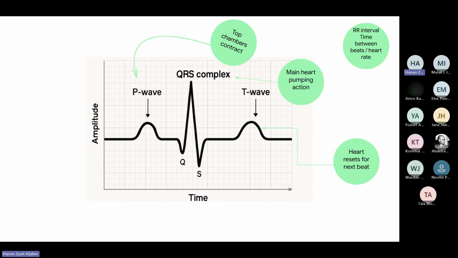Now this is a normal beat. It looks clean and sharp and has a nice tall R peak. It's symmetric and has a consistent width. An abnormal beat, and we're going to look at the ventricular ectopic one, is a heart disorder.